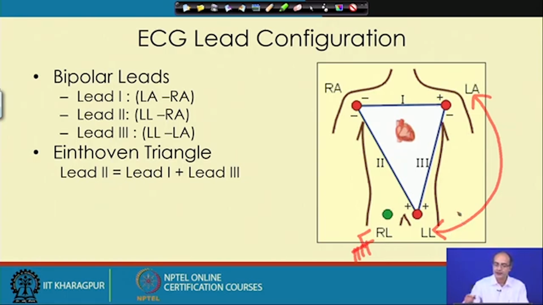Now, these signals form a triangle, and the signal vectors also act in that way.